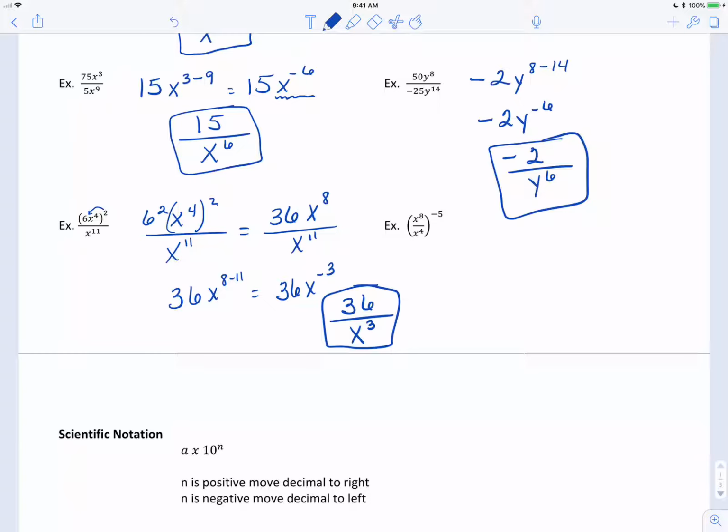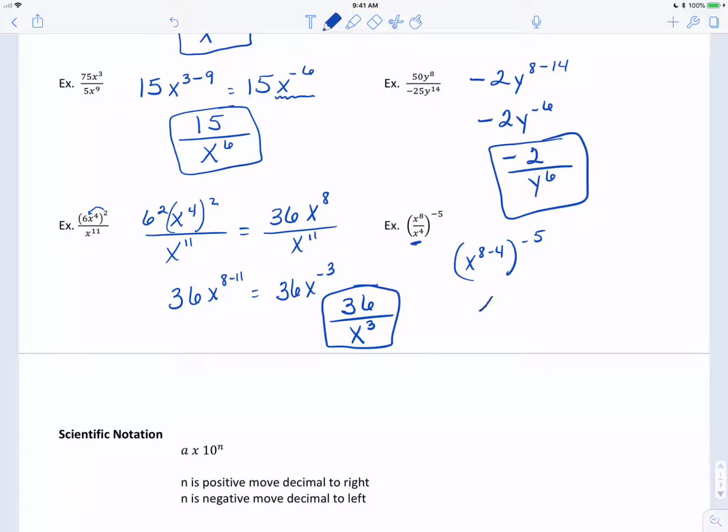Okay, so here's another one of those examples with what's inside the parentheses brought to a power. We can do this two different ways. You could go ahead and do the division inside here. So x to the 8th minus the 4th, then brought to that negative 5 power.